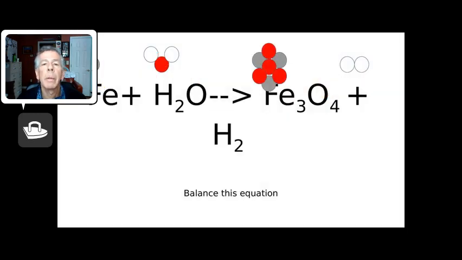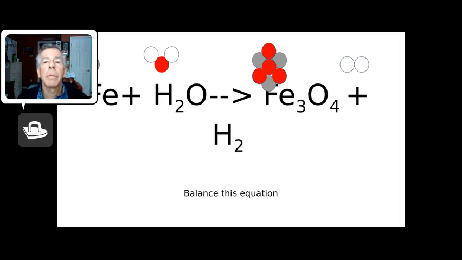Another example here. Iron plus water equals ferrous oxide plus hydrogen gas. So you have one iron atom, one water molecule, and you have one ferrous oxide molecule, and one molecule of hydrogen gas.